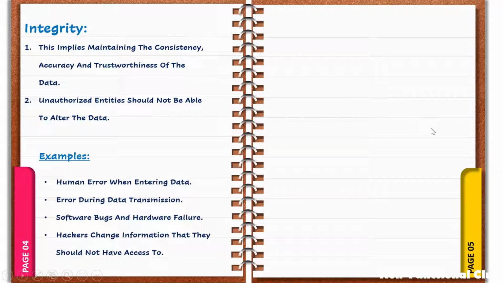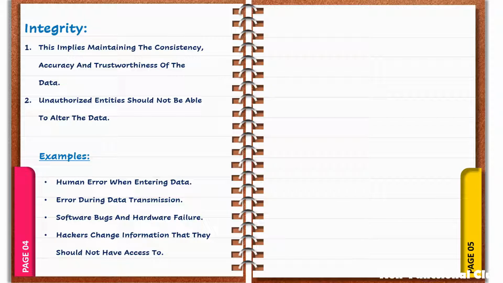Here, the first example is that there might be some human error while entering the data, because of which the integrity can be breached. Then there is some error during data transmission, so one of the systems is down, or a network glitch happens.